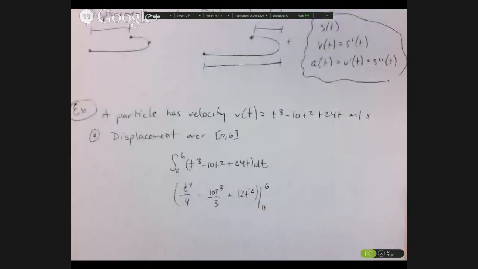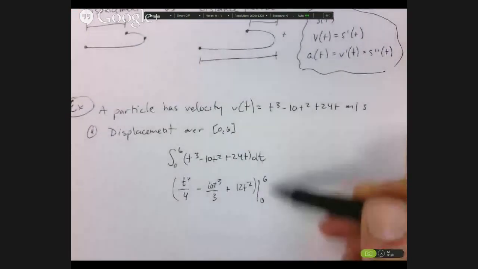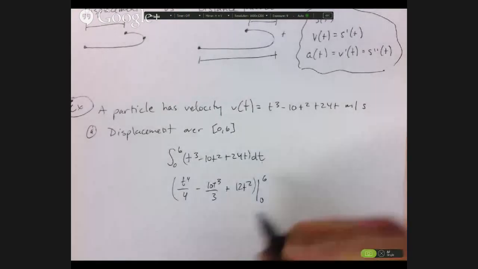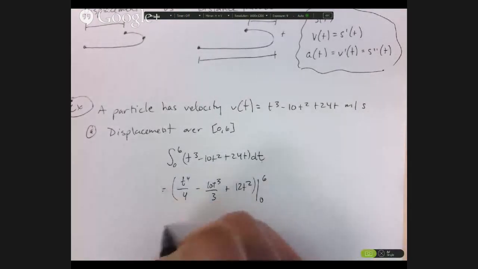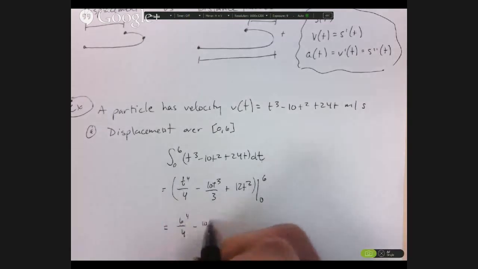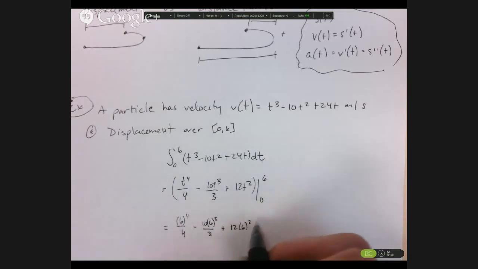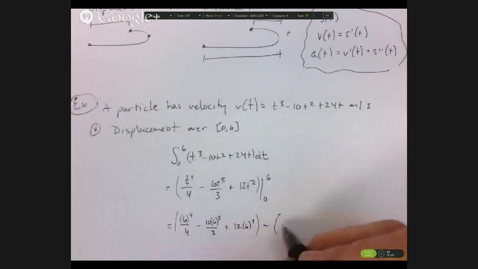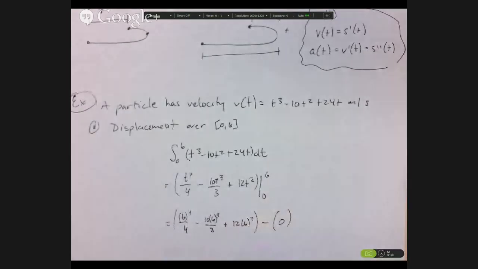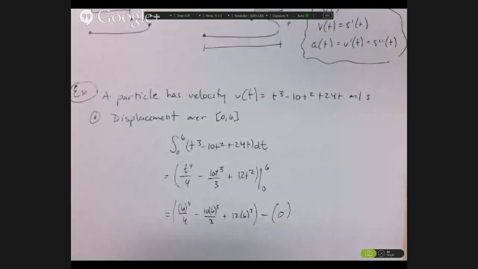You're struggling to remember that you take the integral and you put evaluate off the end of it, and then plug 6 into all of it. Then subtract and put 0 in for all of it, which is 0 in this case, thankfully.